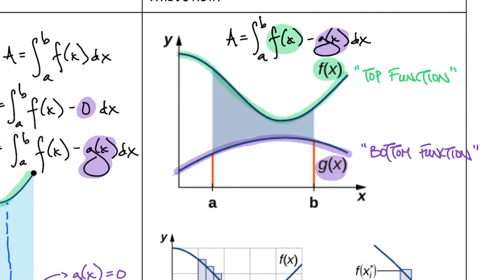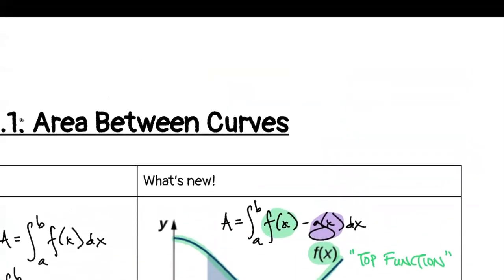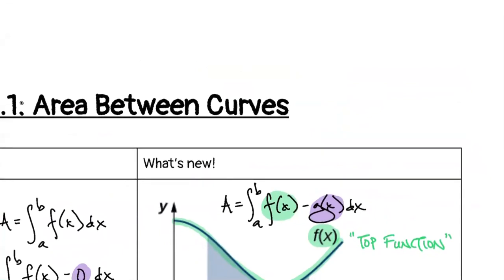What if they're equally close to the x-axis? You mean like maybe we didn't have this green one up here, like if we had the other one right here, right on top of g of x? Okay, so let's try and draw a couple of these pictures to answer that question.